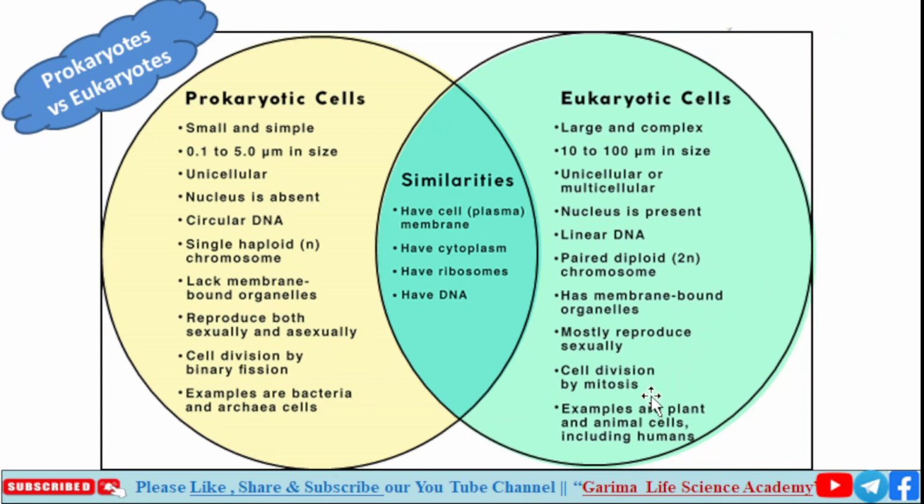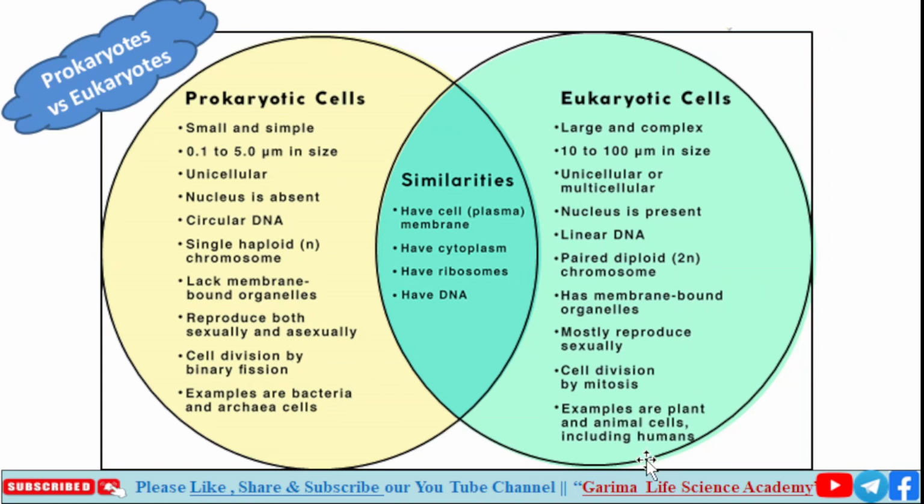Examples of prokaryotic cells are bacteria and archaea. Examples of eukaryotic cells are plant cells, animal cells, including human cells.